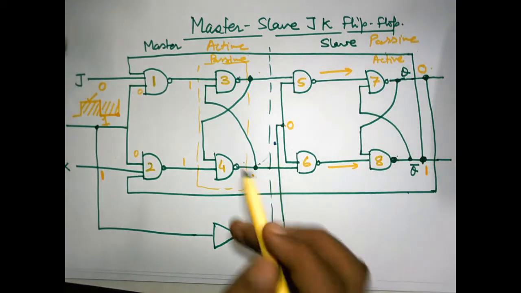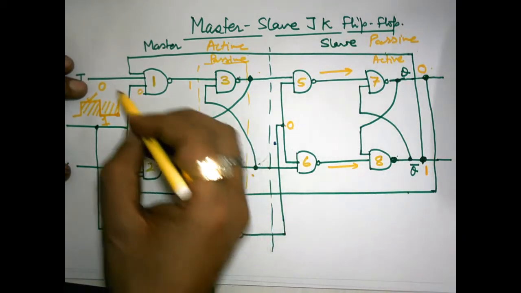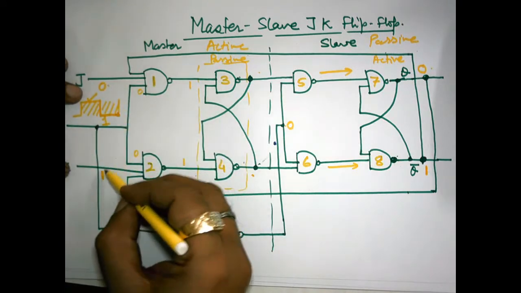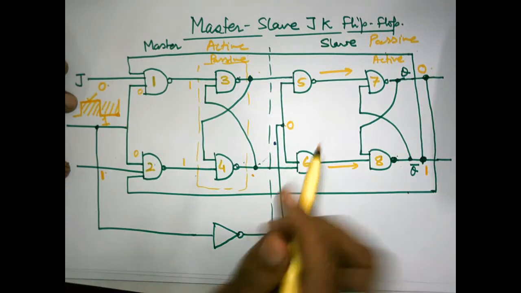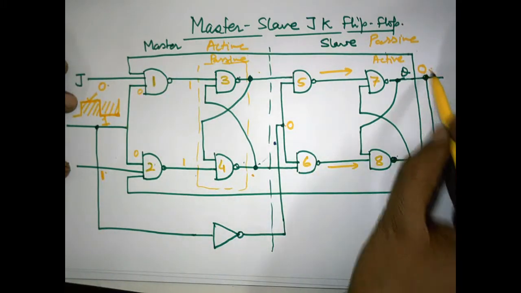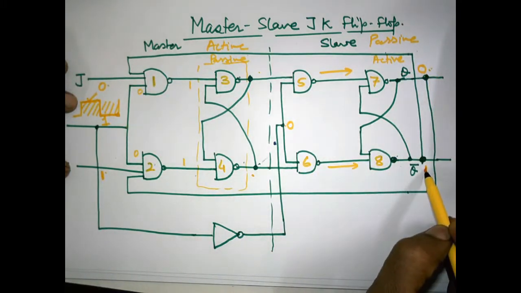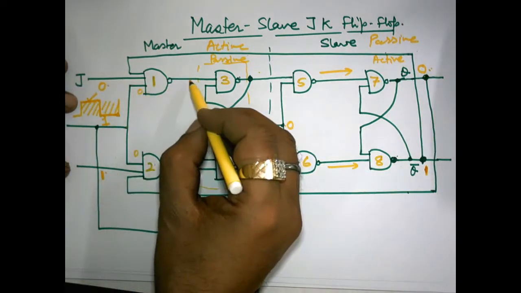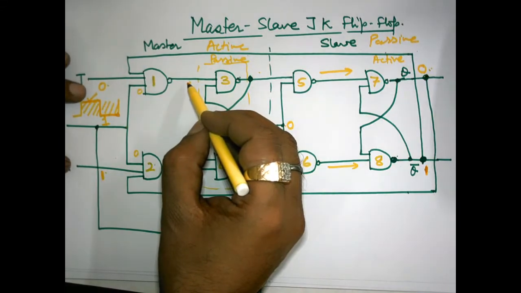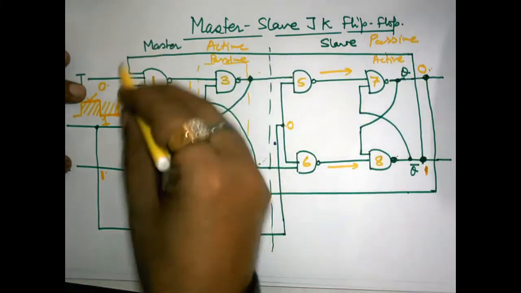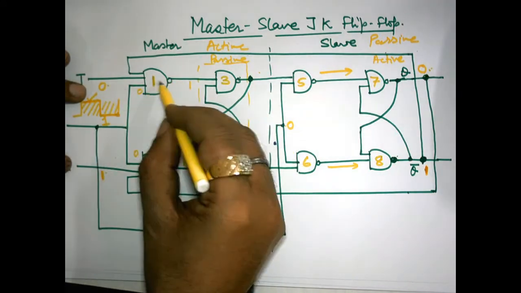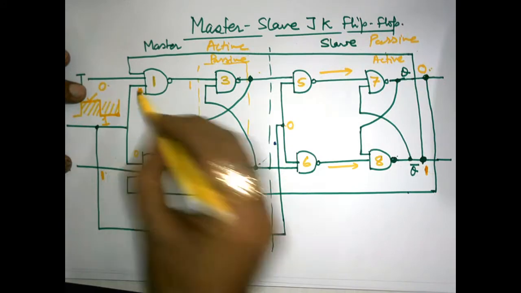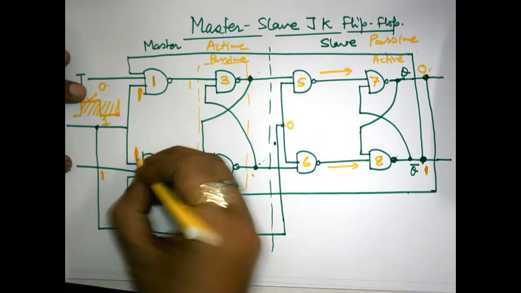Okay, so what analysis we have been doing, that J is 0, K is 1, and clock is applied this way, and here it was 0 and it was 1 because of the previous latched situation. So what will appear over here because of this combination? We have to see what is fed back. Definitely 1 is fed back, 0 has been applied, and 1 is appearing over here because of the positive part of the clock.